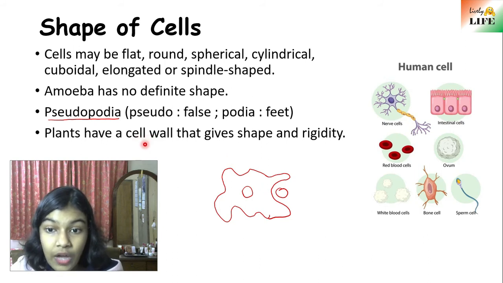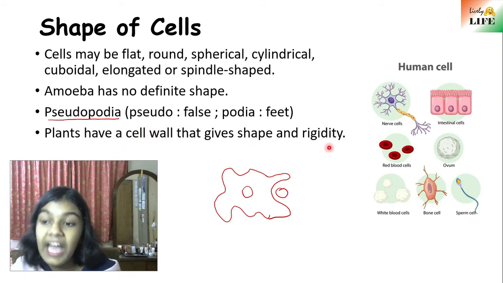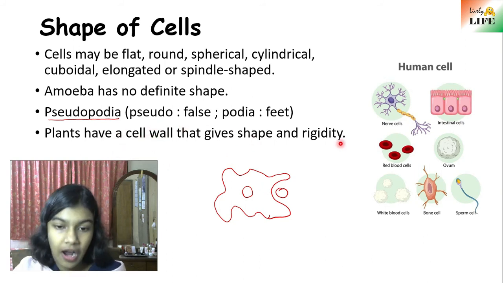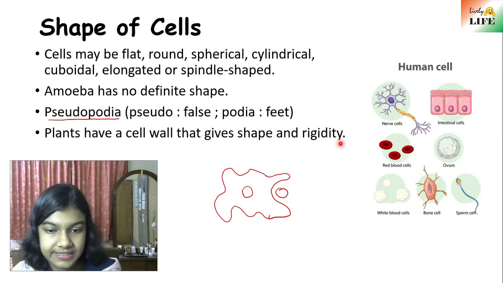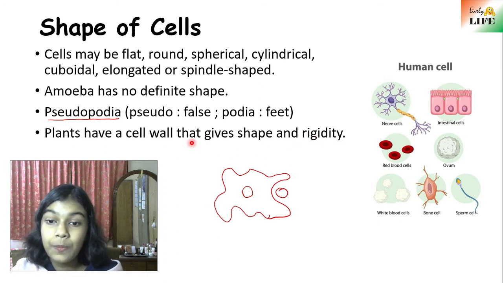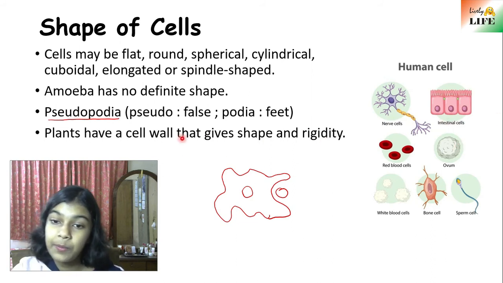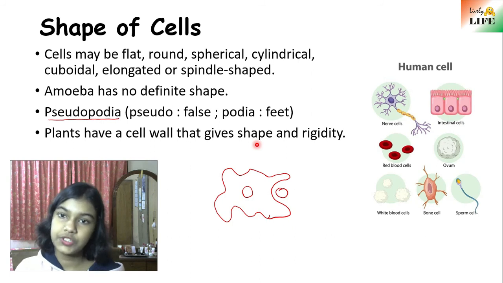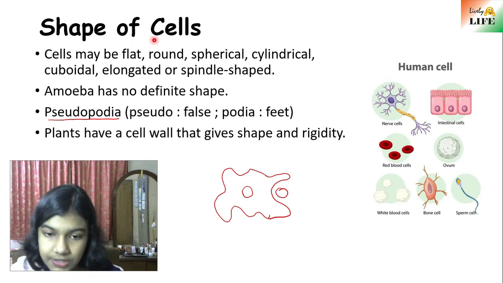Plant cells have an additional cell wall that makes it rigid, means hard. That protects the plant cells. Plants cannot move on their own, so they need protection, right? So plants have a cell wall that gives shape, rigidity, and protection. We're going to learn about the cell membrane and cell wall in detail in this chapter, but afterwards. Over here we are just discussing the shape of cells.